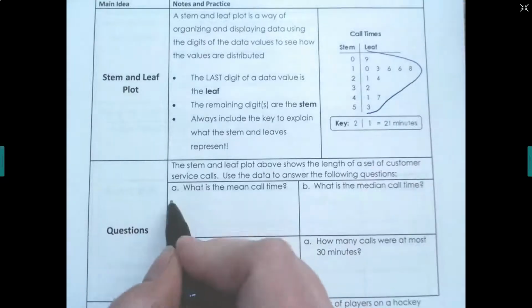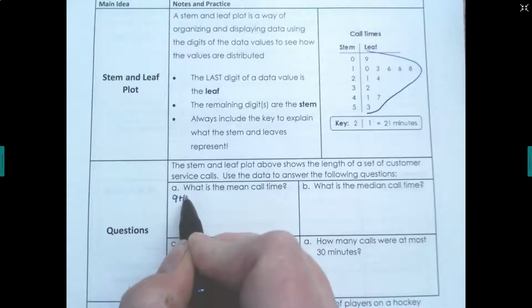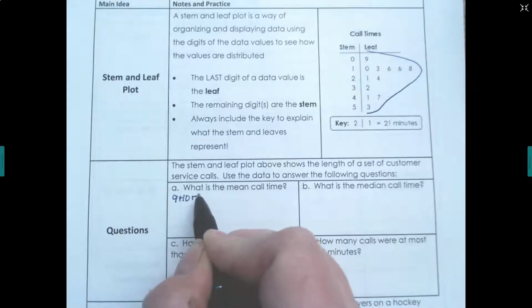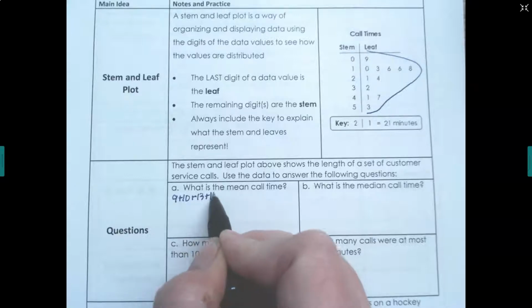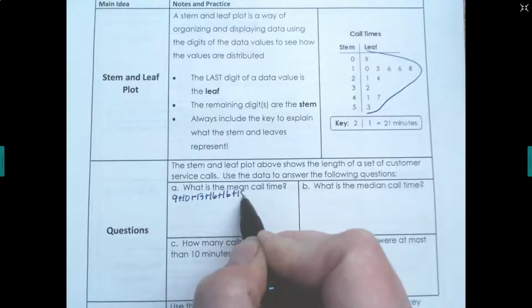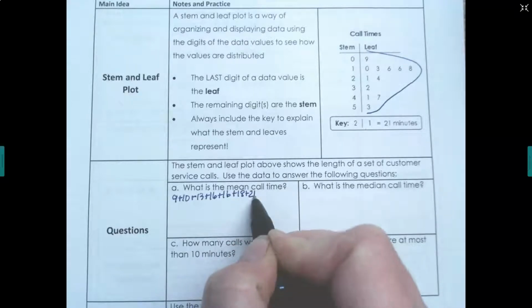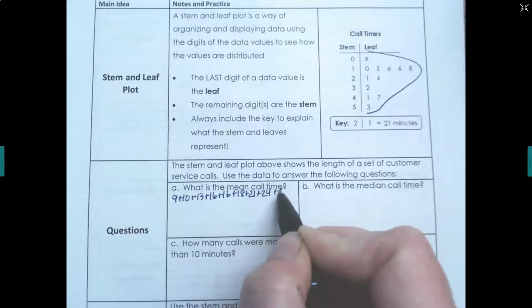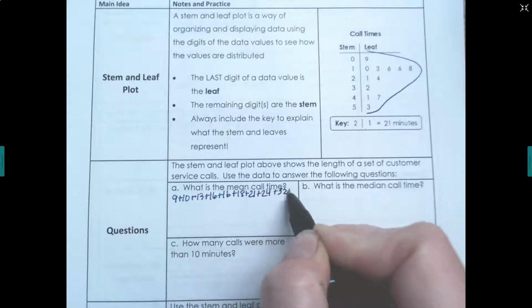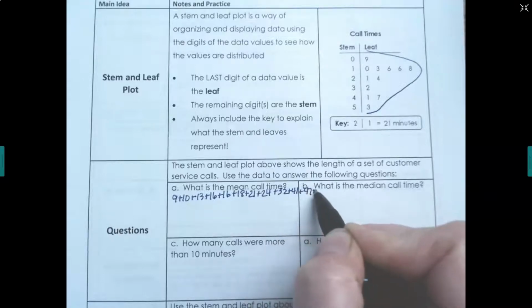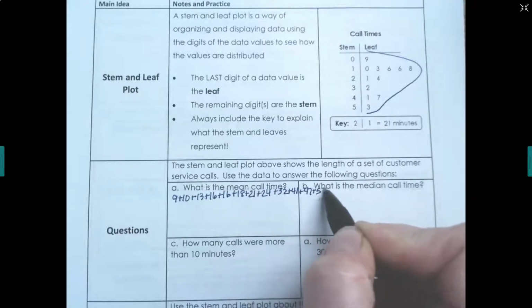So remember, the first number is 9 plus 10 plus 13 plus 16 plus 16 plus 18 plus 21 plus 24 plus 32 plus 41 plus 47 plus 53.